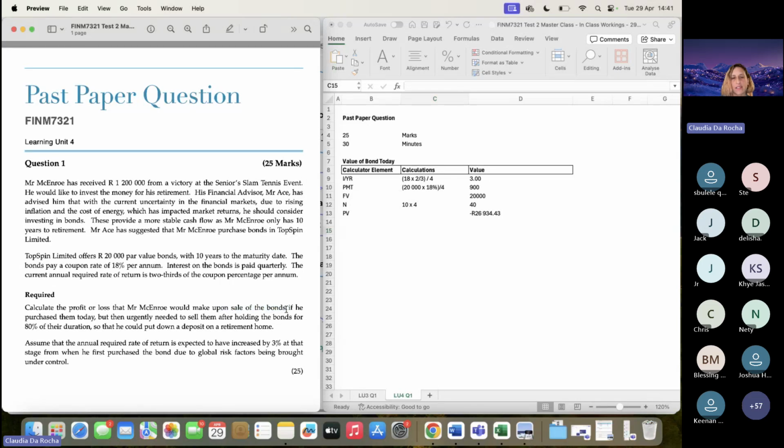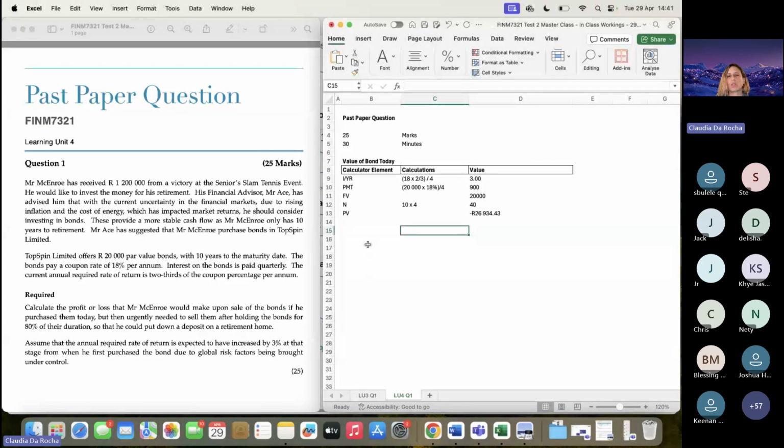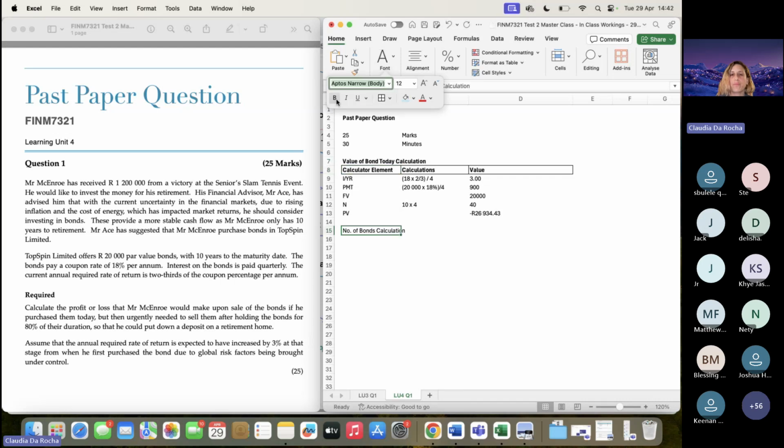It's an S. They're not asking for one bond. There are multiple bonds here. This question isn't very clear on that, but there are multiple bonds here. So we have to calculate how many bonds he has, so that we can calculate the total profit and loss.